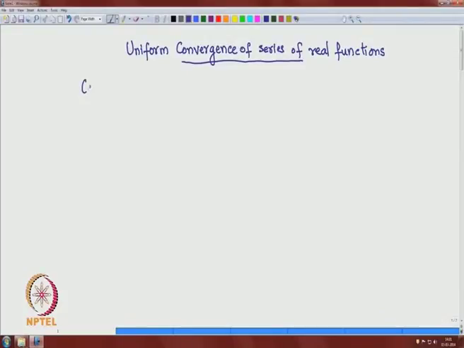So consider the infinite series summation n goes from 1 to infinity un(x).